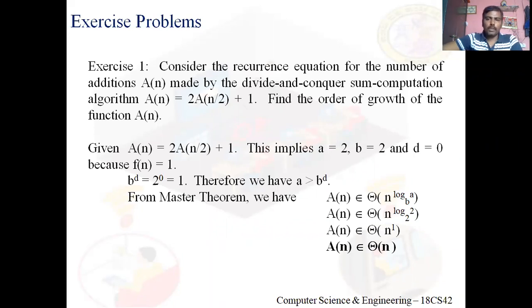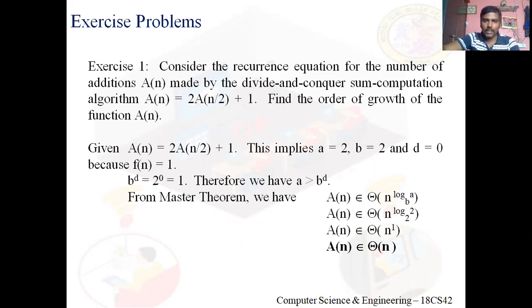Now, am I given an initial condition? No. If the initial condition is not given, I can't solve it directly, so I need to take advantage of the Master's theorem.